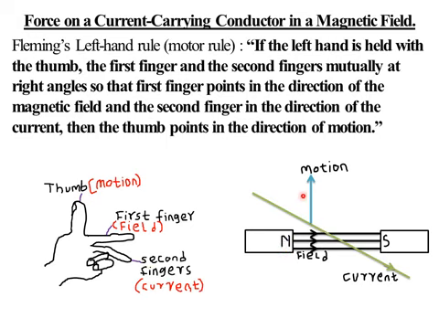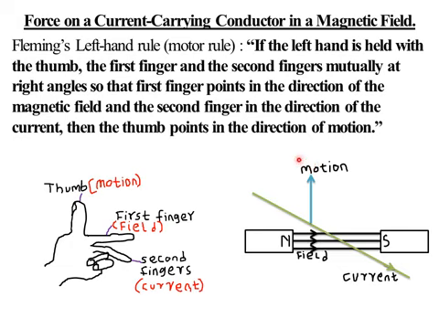Then the second finger, you align it along the conductor, towards the direction of the current. Then observe the direction of motion of the thumb. For my case the thumb is pointing upwards, so I expect this particular conductor to move upwards. The direction of the deflection of the conductor will be upwards.